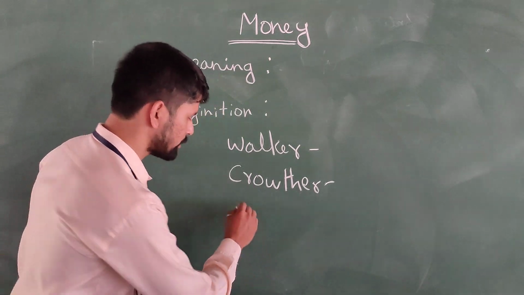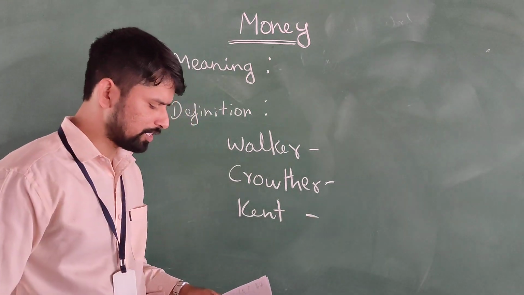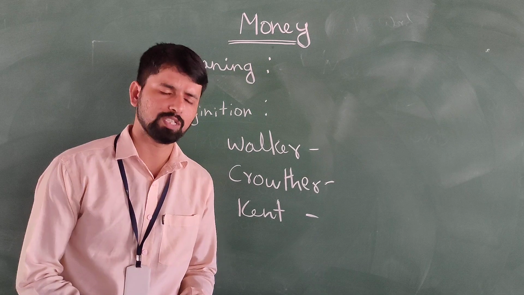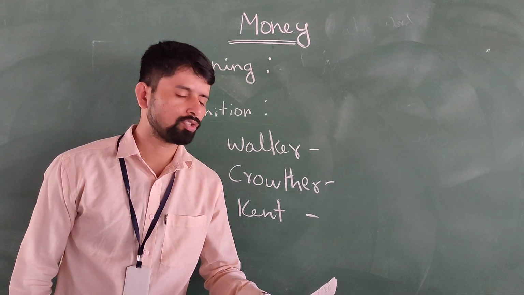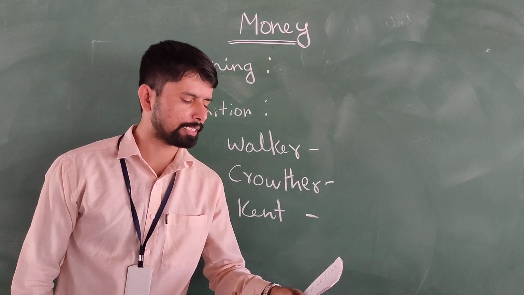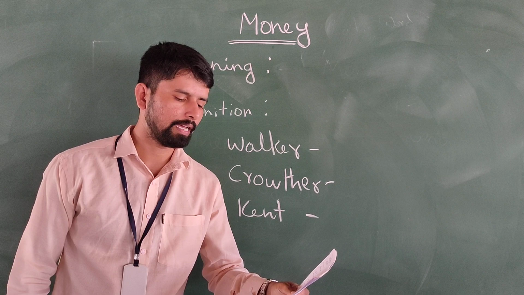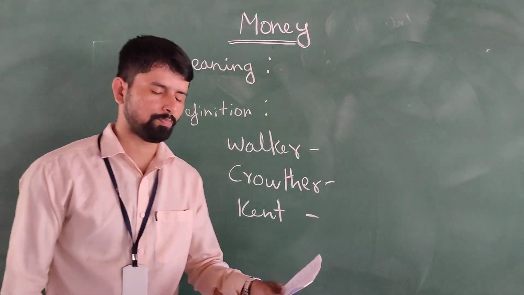The next, Kent. The third definition is given by Kent. Professor Kent is another famous economist. According to him, money is that which is commonly used and generally accepted as a means of exchange or as a store of value.